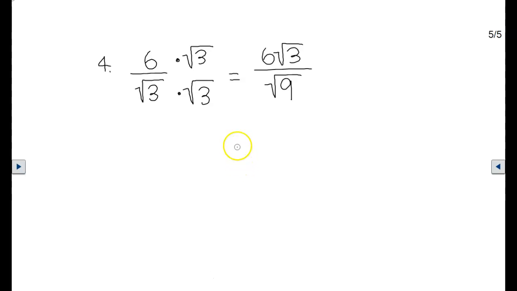Now at this point, I should try to simplify my square roots. So I need 2 numbers that will multiply to give me 3. The only numbers that will do that are 1 and 3. So that's not going to simplify. That's going to stay 6 square roots of 3. Square root of 9, though, I can do because 9 is a perfect square. Square root of 9 is 3. Now, one last thing.